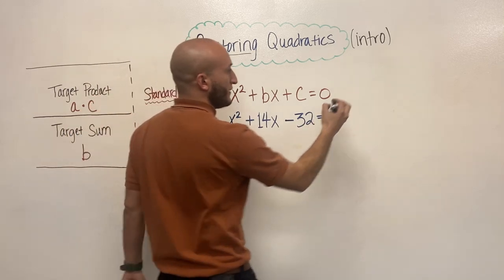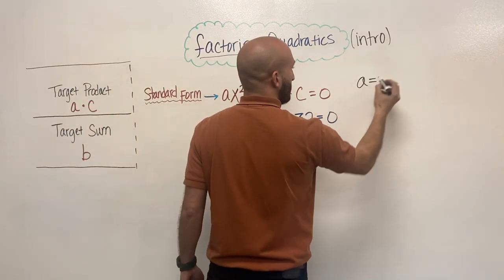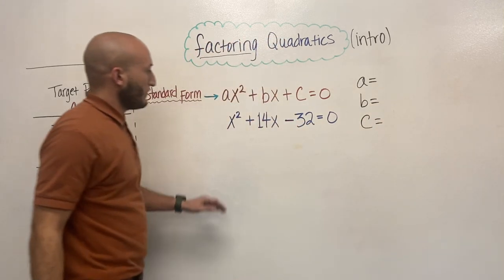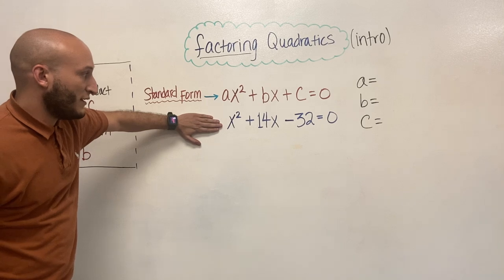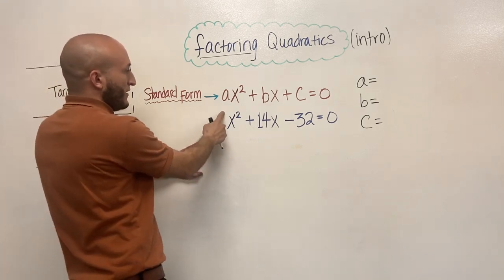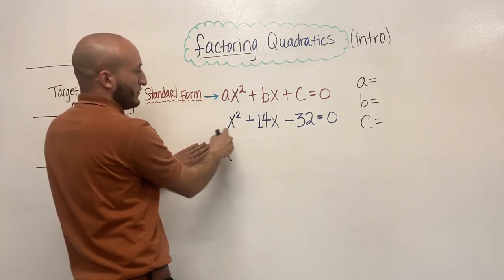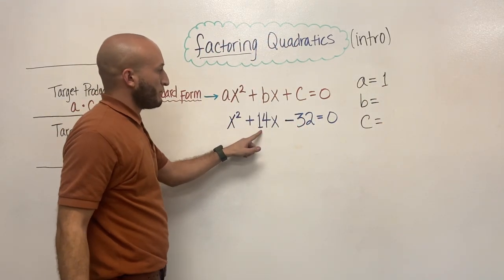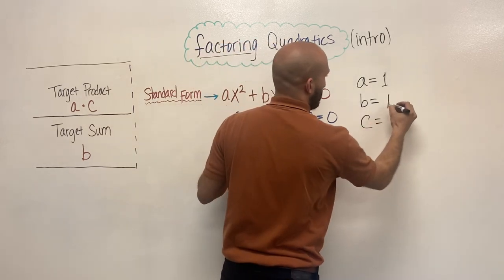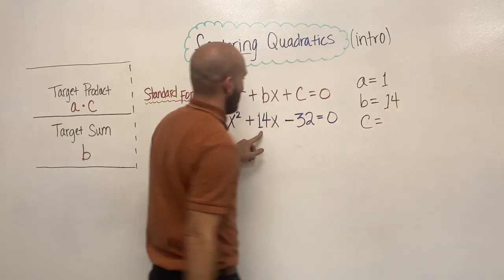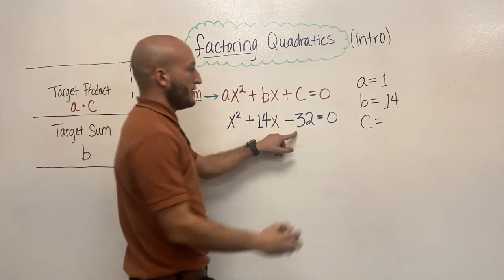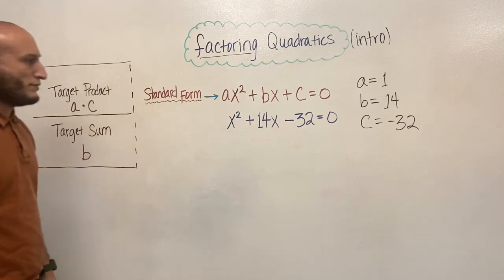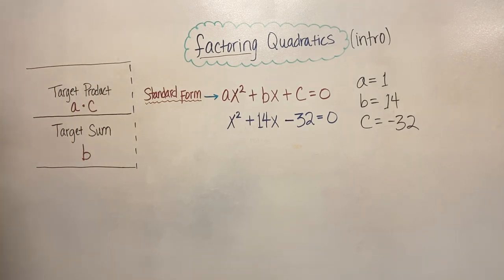So I'm going to list out a, b, and c according to my given quadratic. What's in front of the x squared is a 1, so a is 1. For b, I have 14. And c is -32.